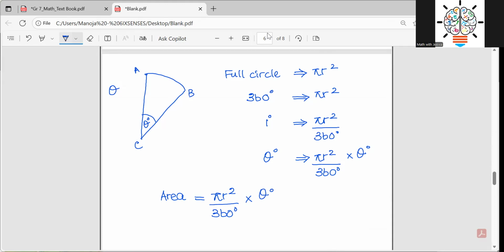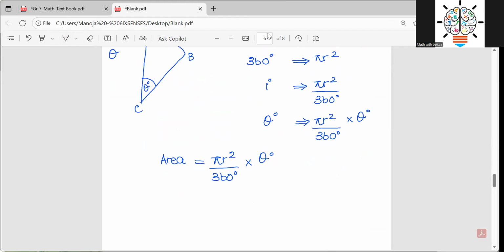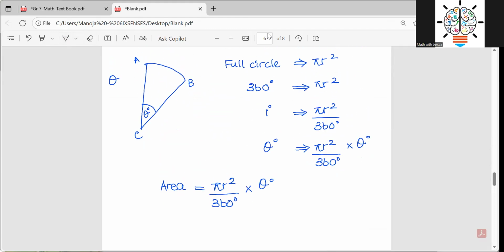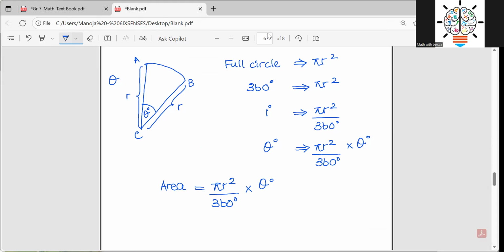The same way, now here I want to get the perimeter, that is the outer boundary. If I start from A, first I want to get the A to B curve path, then B to C straight line. And what is this AB, that BC, children? That is the radius. And this is also the radius, right?